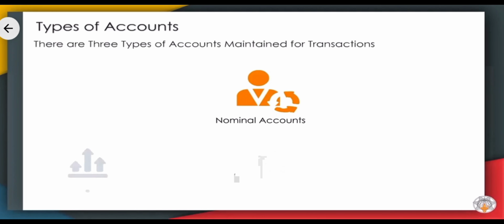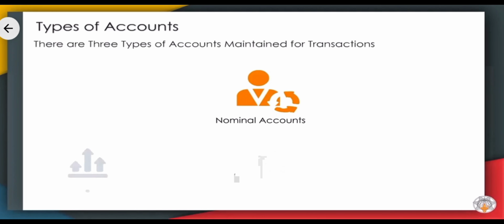To cash account, credit 5,000. Here two accounts are affected. First is furniture account and second is cash account. Furniture is an asset, that is, furniture account is a real account. Cash is also an asset, that is, cash account is also a real account.